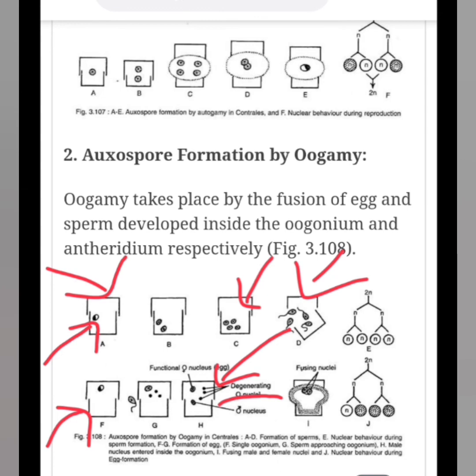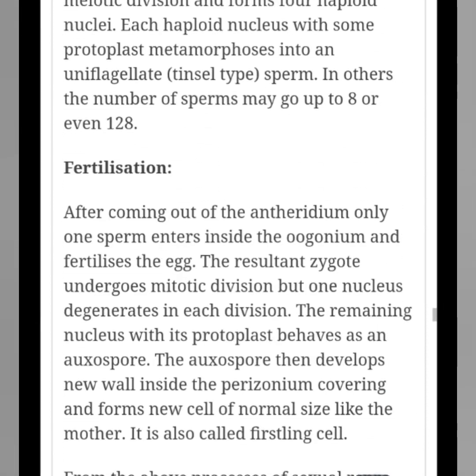And here you can see the sperm will fuse with the egg, and after they fuse together, they will give rise to a zygote.